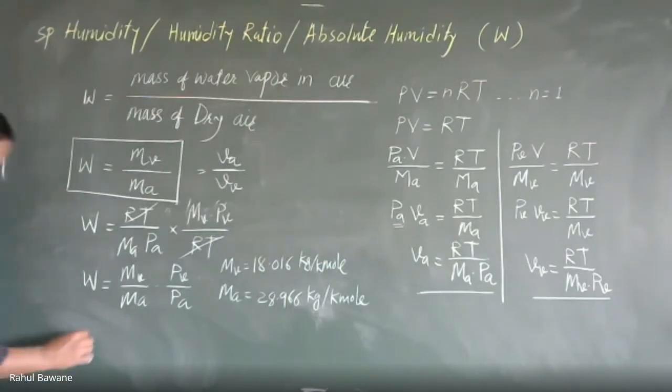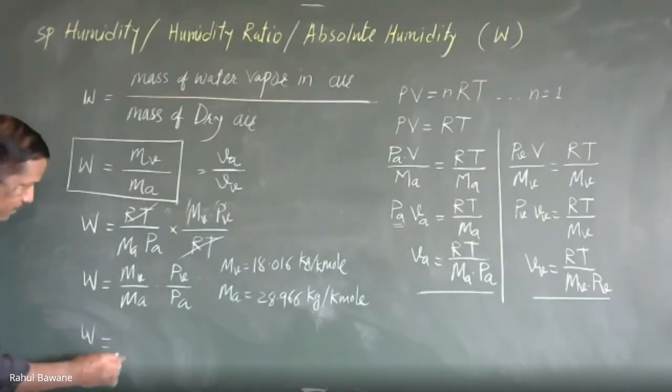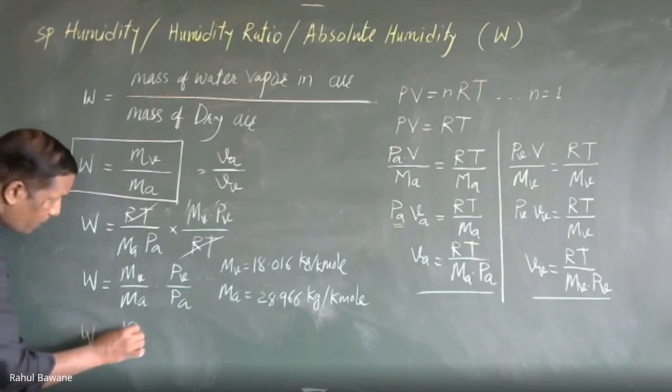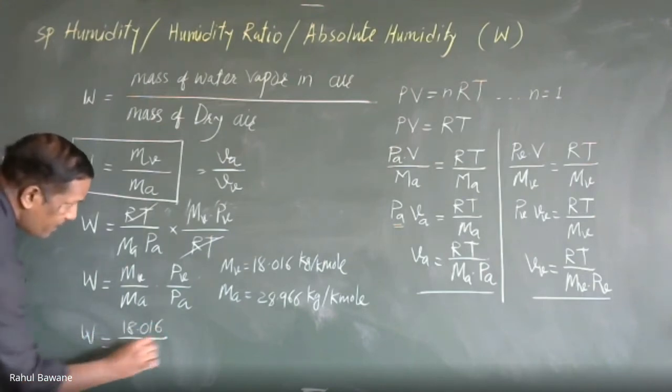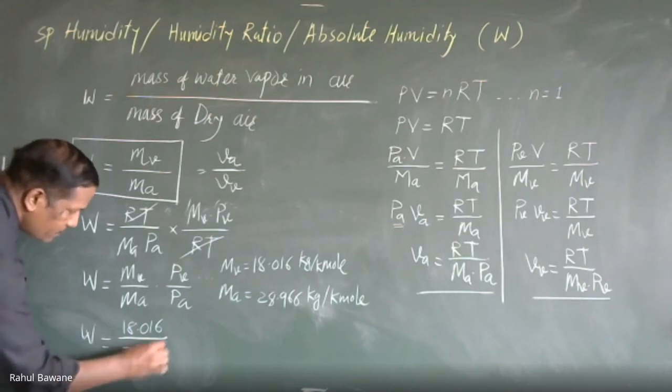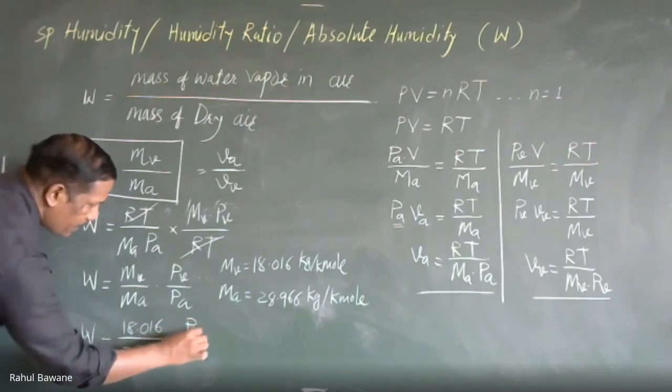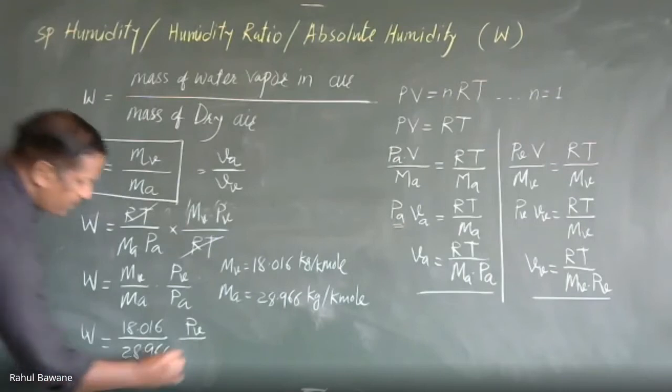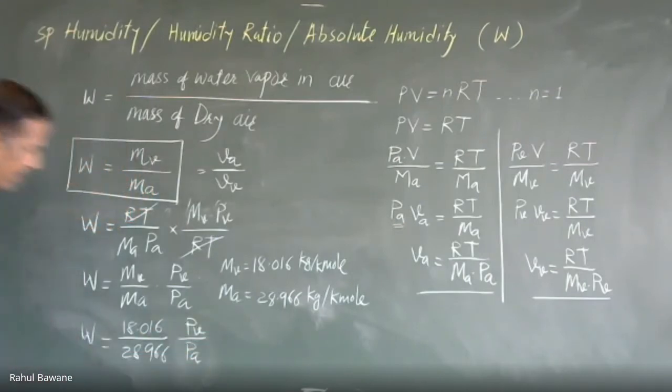If I put this in, W will be 18.016 divided by 28.966 multiplied by the partial pressure of water vapor divided by the partial pressure of dry air.